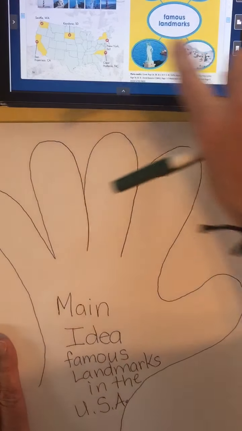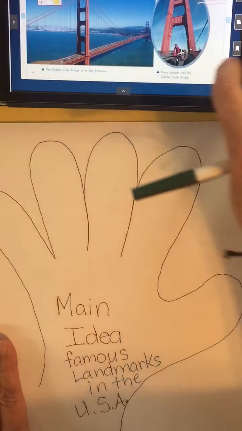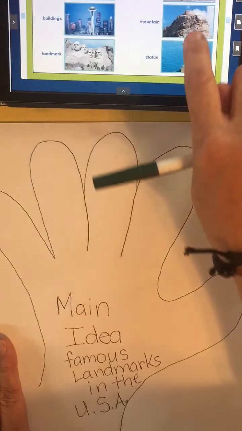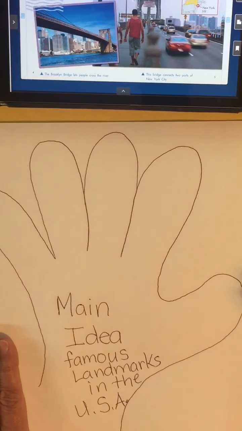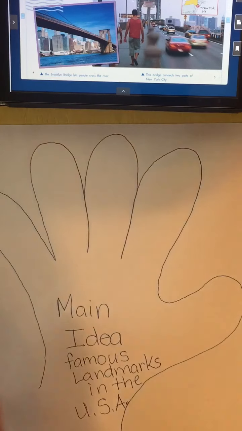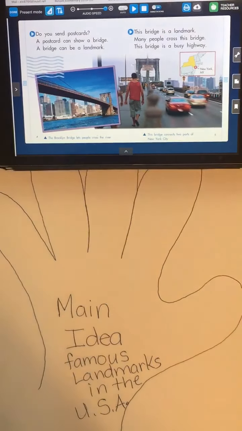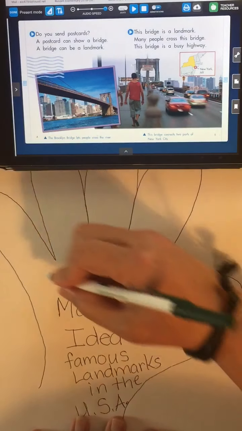So we'll go back to the book and we'll start at the beginning. First, it talks about the bridges. The bridges are a landmark.